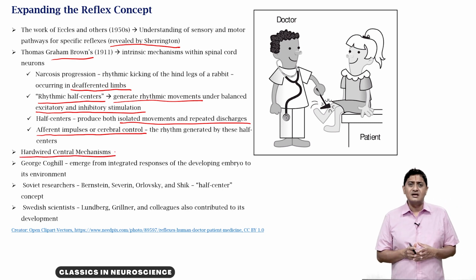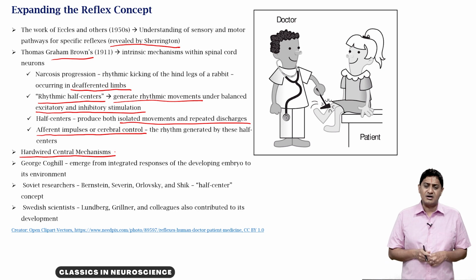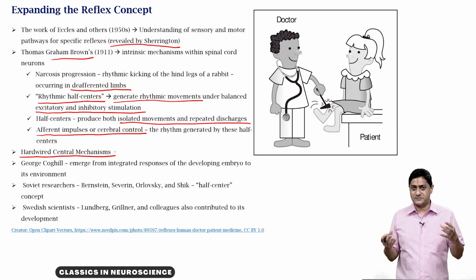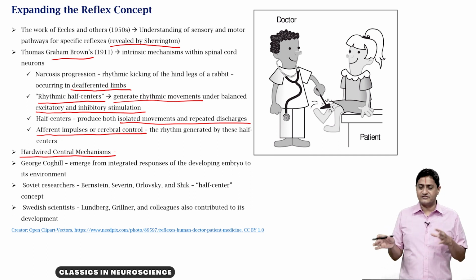These are manifestations of hardwired, that is, neural connections that happen to be there within the spinal cord, and coordination that happens between multiple segments in the spinal cord. At best, this can be intersegmental reflexes, also contralateral reflexes.